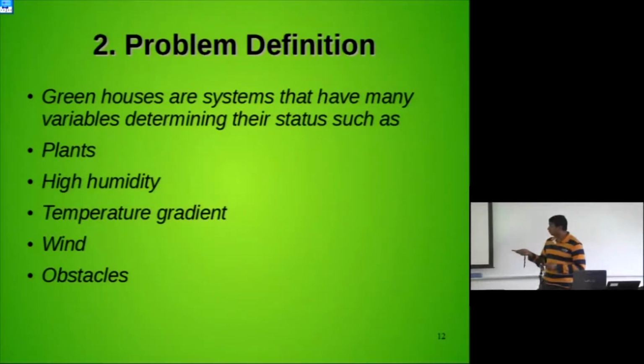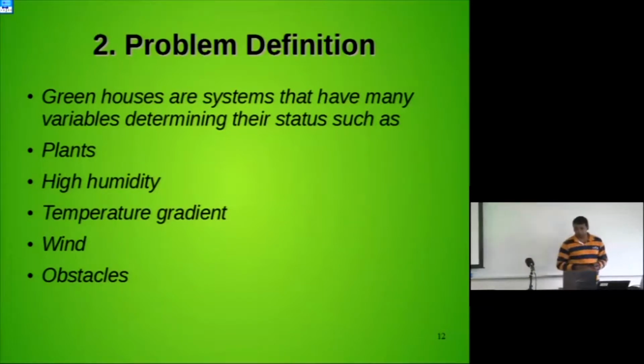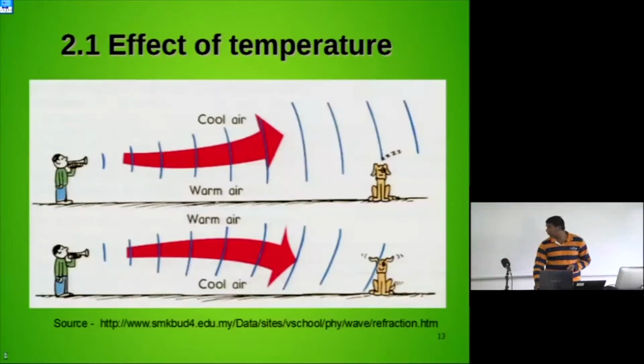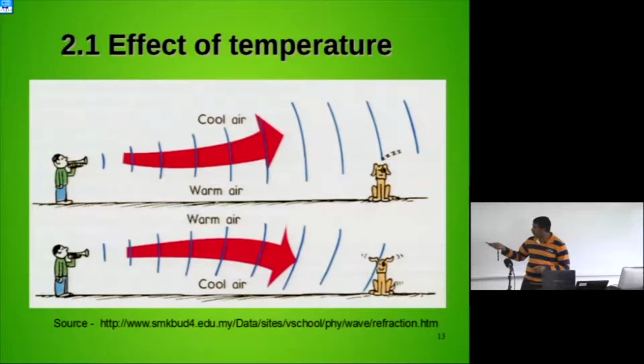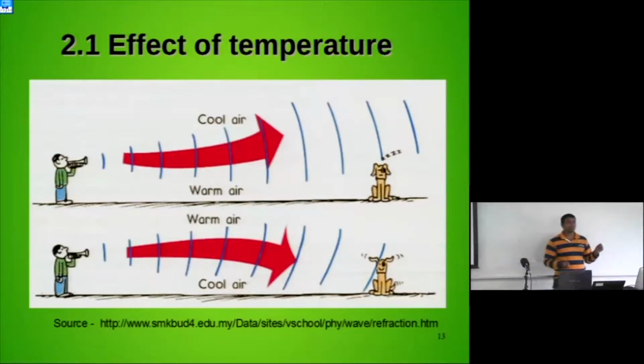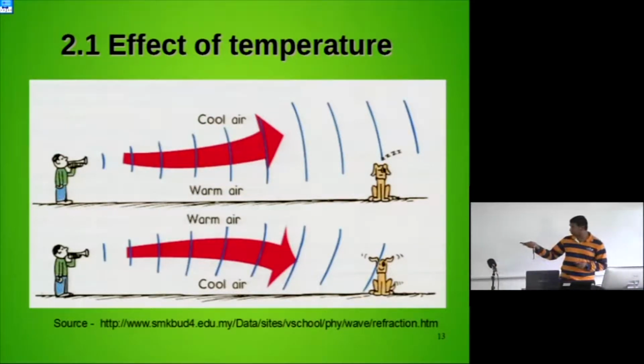You have very many things. You have plants and high humidity, temperature gradient, wind, and obstacles. There are many things. If we consider the temperature gradient, it does pose a problem, because in cool air, sound travels slower than in warm air.